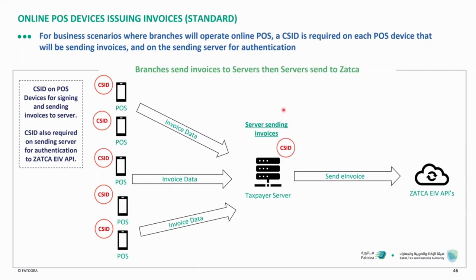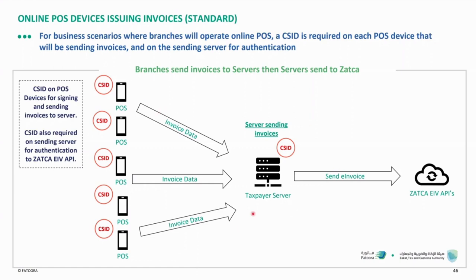Now, similarly, if these individual point of sale machines actually are generating the invoice and then sending them again for consolidation, each one of them will be required to have a CSID individually. In addition to that, the machine that will be sending to Zatka, so you understand that not all models will have each individual point of sale connected to Zatka.